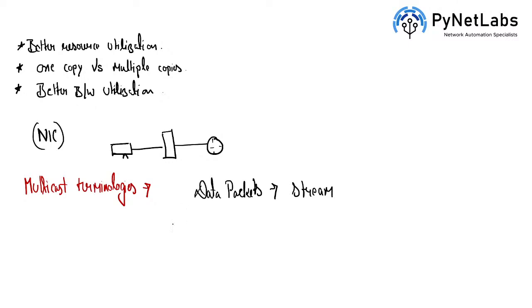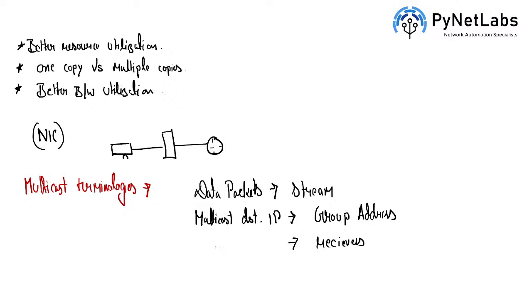Then we have the multicast destination IP address, which is known as a group address. And we have the recipient devices of the multicast stream, which we can simply call receivers, the ones who are going to receive. Receivers are always the same.